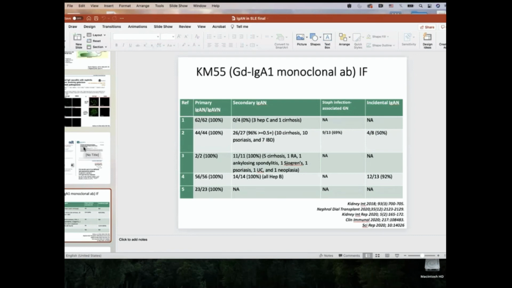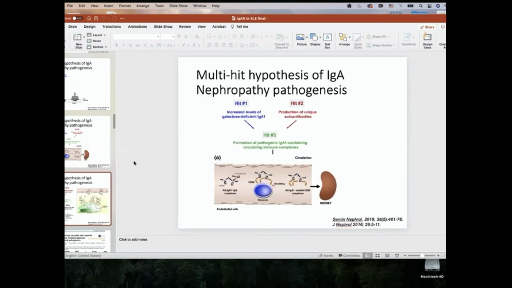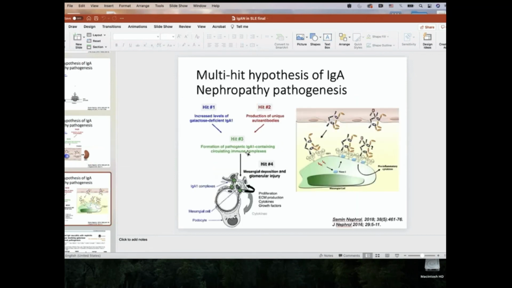And then coming to the second part of the restriction, or what we can do for now for IgA nephropathy, because of the multi-hit thinking, this is the immune complex. The immune complex is galactose-deficient IgA1 binding with IgG, forming the circulating immune complex, or galactose-deficient IgA1 with IgA antibody.